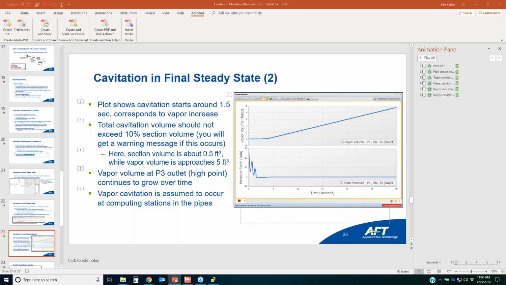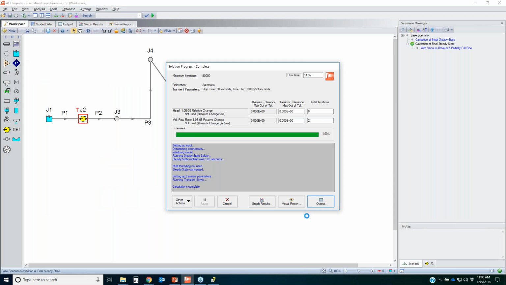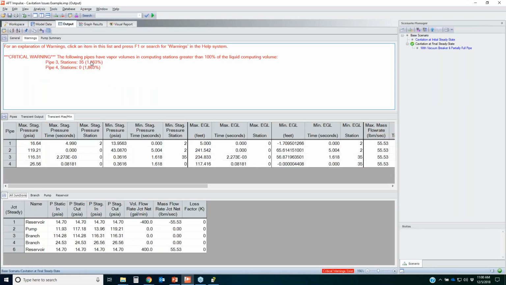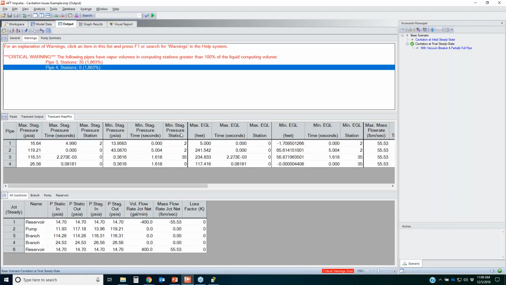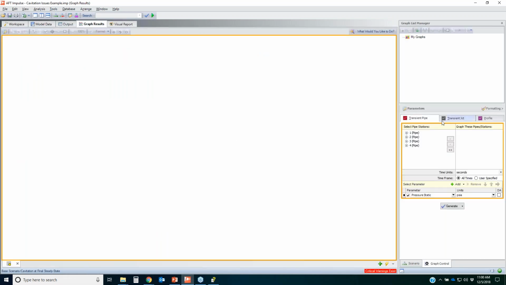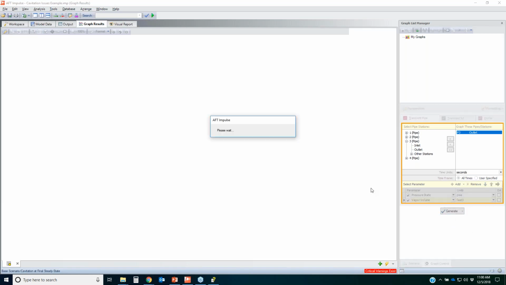Here's what we're going to see: a plot where we look at the pressure at that high point as well as the vapor volume. Okay, so I've got my results. Here are my two warning messages telling me that I have massive amounts of vapor volume. Here's what's going on: if I plot the pressure at the outlet of pipe 3 as well as the vapor volume, this gives you a very clear indication as to what's going on.